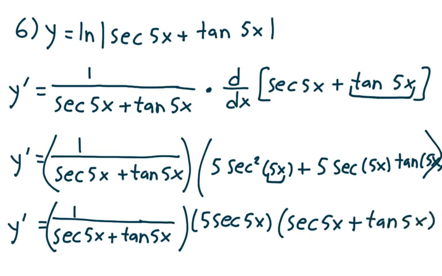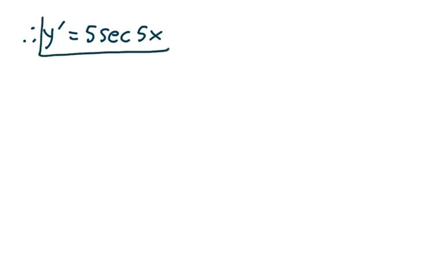But look what happened. The secant 5x plus tangent 5x factors cancel. And it's not a coincidence. This says y prime is 5 secant 5x. And that's a really good stopping point for this video.